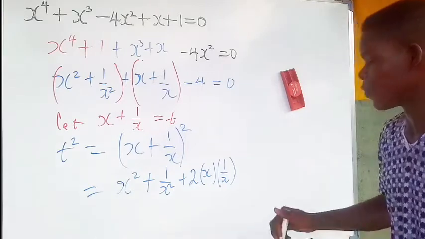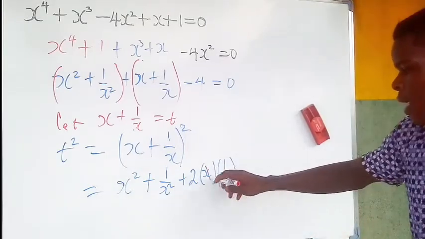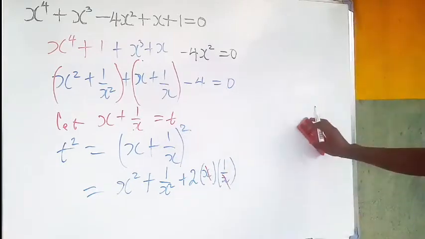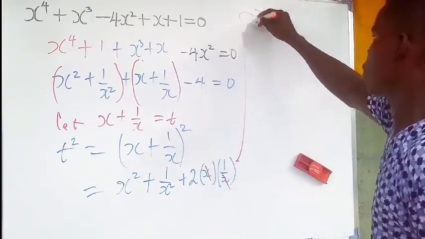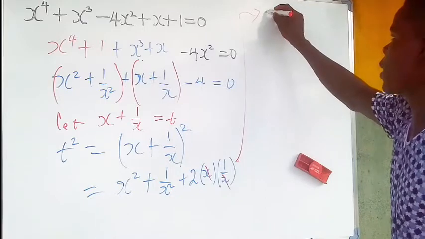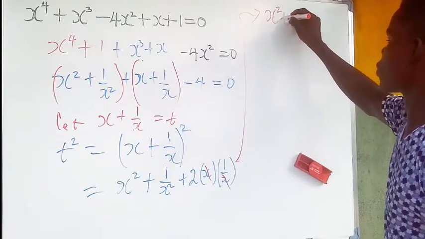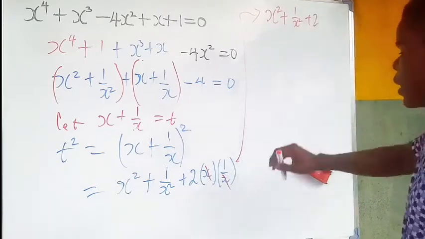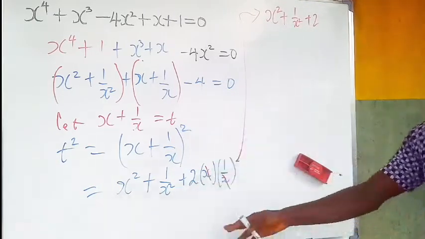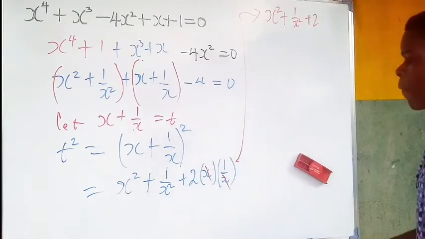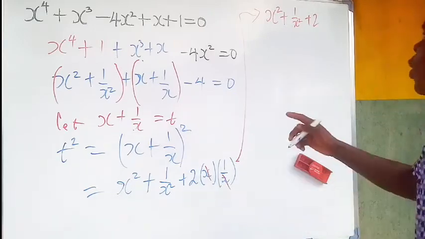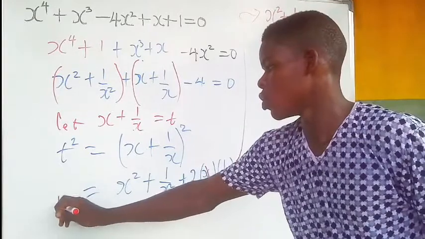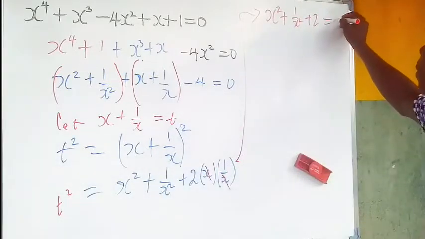The x and x cancel out and you're left with 2. So this gives us x squared plus 1 over x squared plus 2, and the left side was t squared.